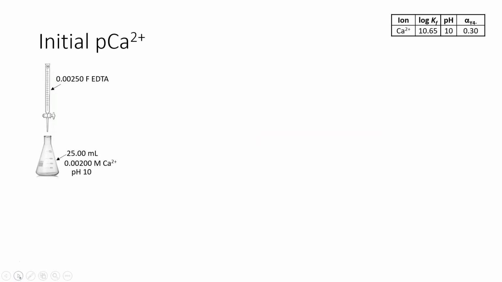Here is our titration. We've got some EDTA in our burette, and in our Erlenmeyer, we've got 25 mL of this concentration of calcium. They gave us the pH, and that was nice of them to also give us alpha at that pH and the log of the formation constant for calcium.